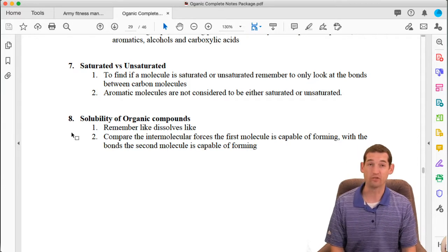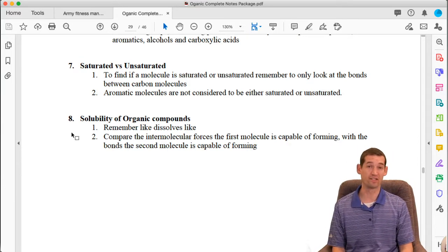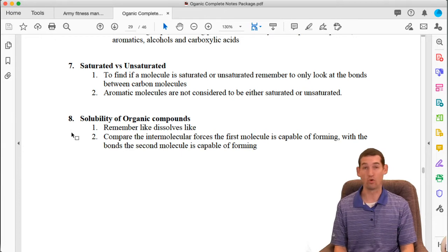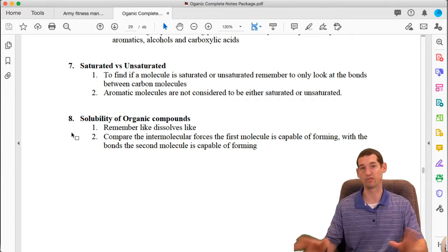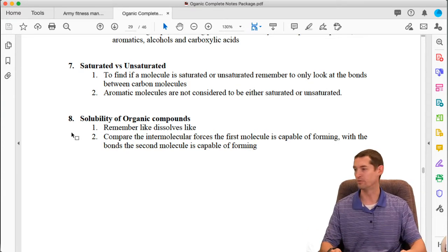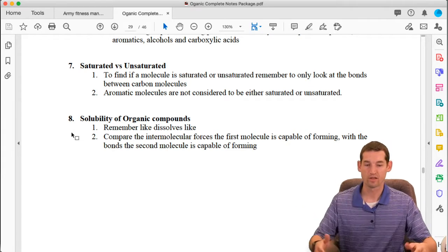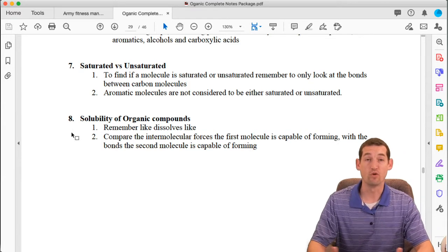And remember that aromatic molecules are not considered unsaturated or saturated. We just say they're aromatic. They're kind of their own separate thing because they behave differently than either of those groups would on their own. And solubility, I've kind of already talked about when I talked about the boiling points. So hopefully that all makes sense.